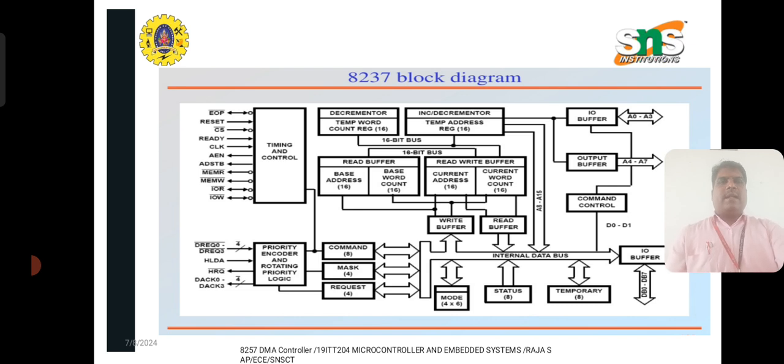This is the very important block diagram of the 8237 or 8257 direct memory access controller. It contains the timing and control logic, priority encoder and rotating priority logic, command bits, mask bit, request bit, internal data bus, status register, temporary register, input-output buffer, command and control mode, decrementer and incrementer, and a 16-bit bus used for the read buffer and write buffer. The write buffer is used for writing the data, and the read buffer is used for reading the data.